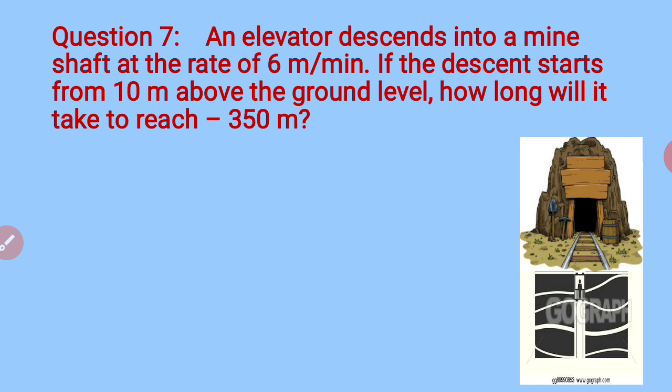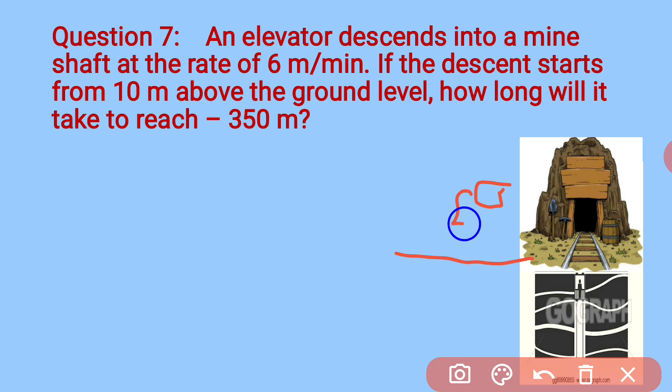Now the descent starts from 10 meters above the ground level. The person, whoever is going down, is not going down from the ground level. He is going down from 10 meters above the ground. So we will see that here there is the ground level and somewhere here the person starts moving. So this distance is 10 meters.